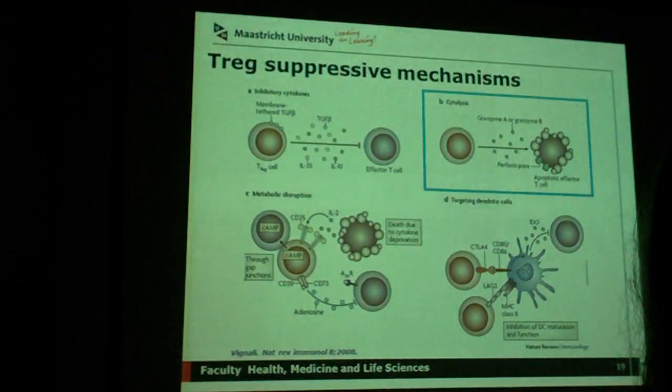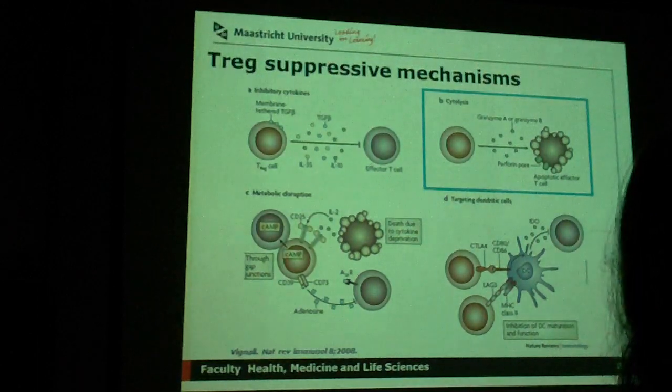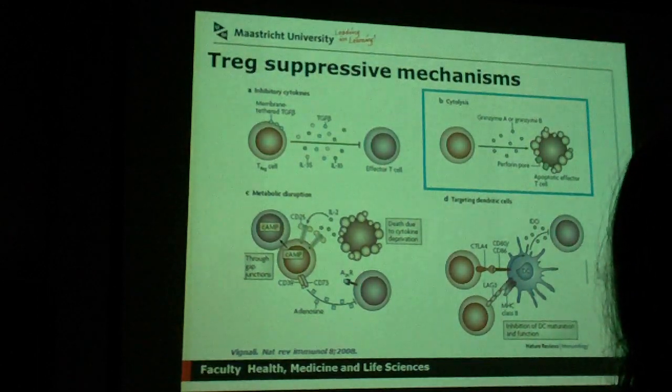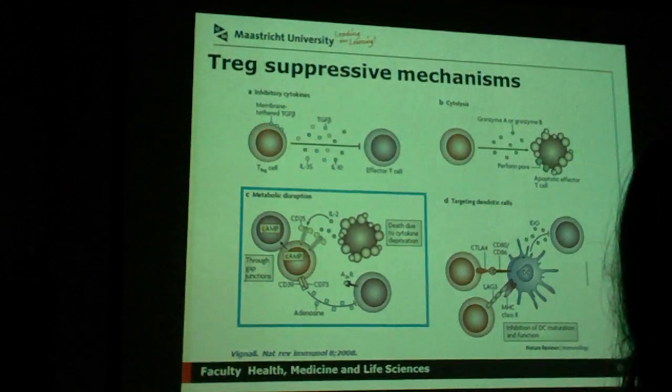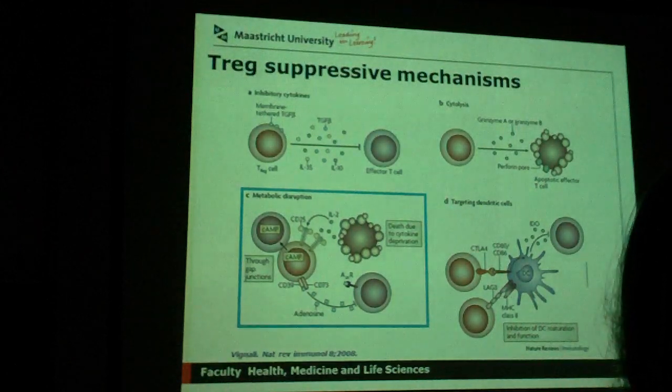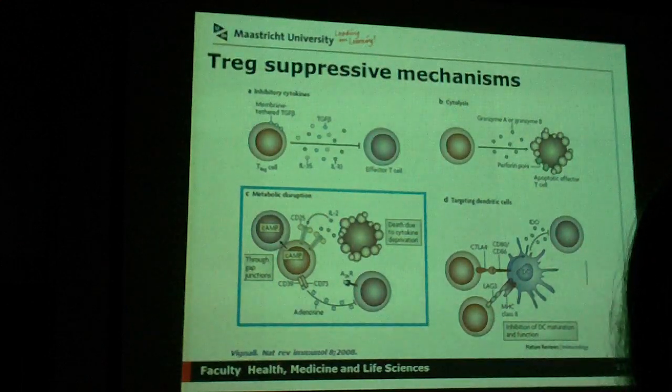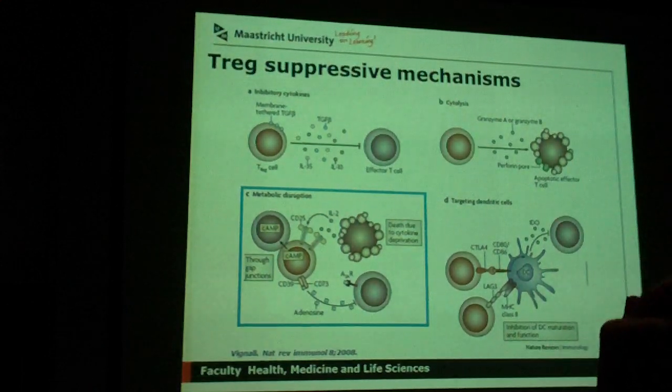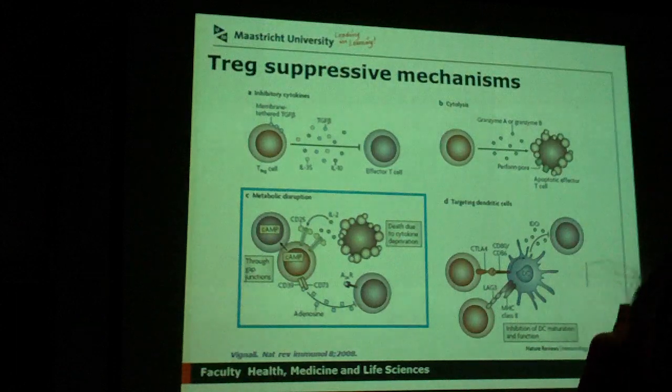But this is also, of course, a very efficient way to down-regulate immune responses. Still another way is to interfere with metabolic needs of the effector cell. So, for example, as I told you before, IL-2 is a very important cytokine, a very important survival factor and growth factor for T cells.